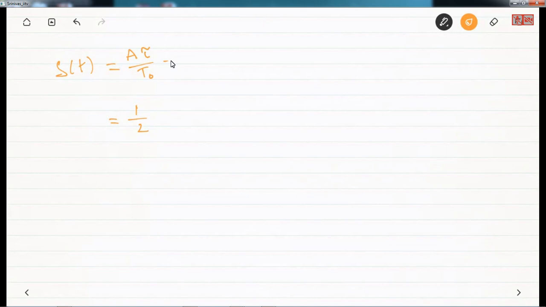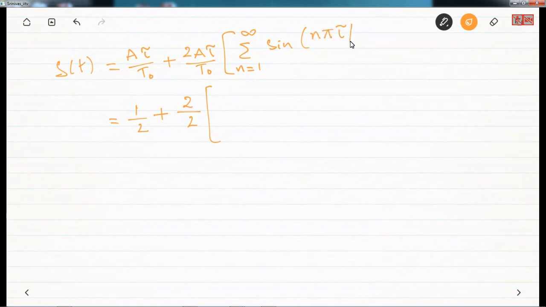plus 2A tau by t naught, so this is plus 2 by 2, into the sum for n equal to 1 to infinity of sin(n pi tau by t naught) divided by (n pi tau by t naught).